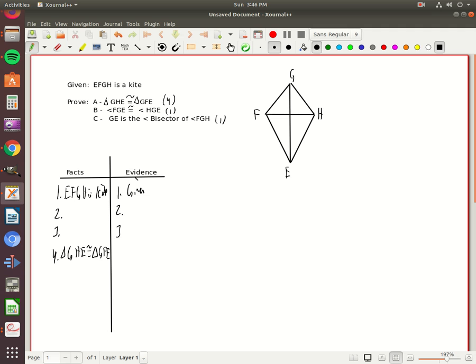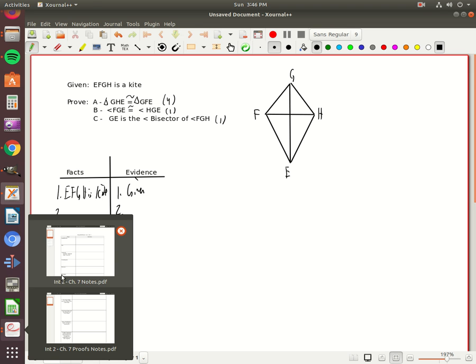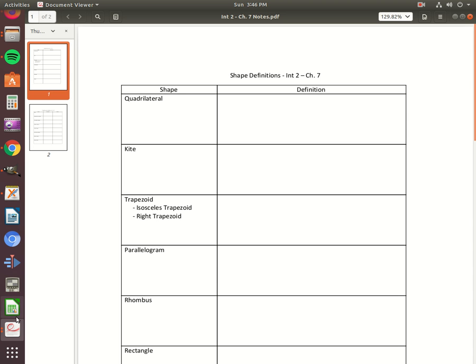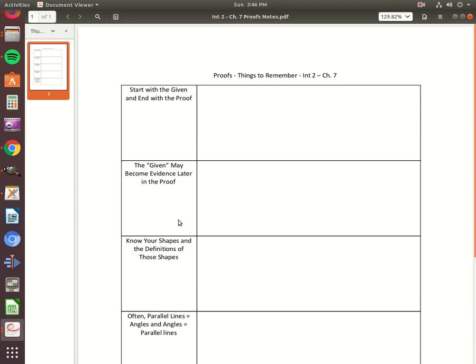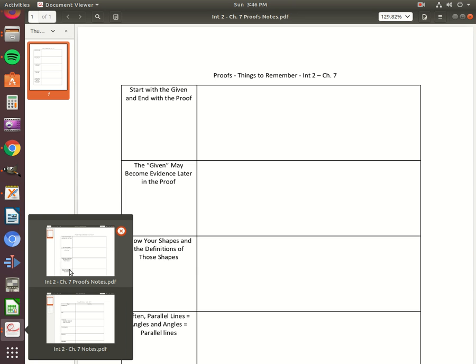So how do I get to that point here? Well, first of all, I know that this is a kite. So again, if we go back through, we need to know our shape definitions, right? So what does it mean to be a kite? And again, hopefully we already have that down, what the definition of a kite is.